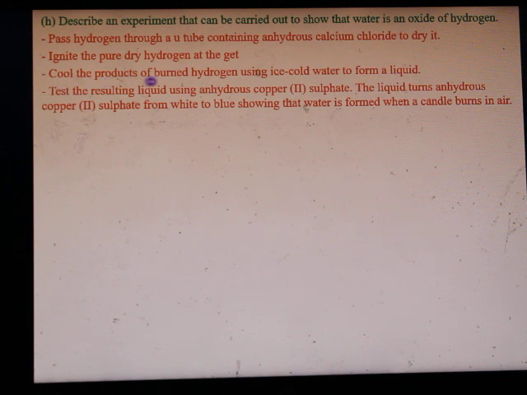Cool the products of burned hydrogen using ice cold water to form a liquid. Test the resulting liquid using anhydrous copper 2 sulfate. The liquid turns anhydrous copper 2 sulfate from white to blue, showing that water is formed when hydrogen burns in air.